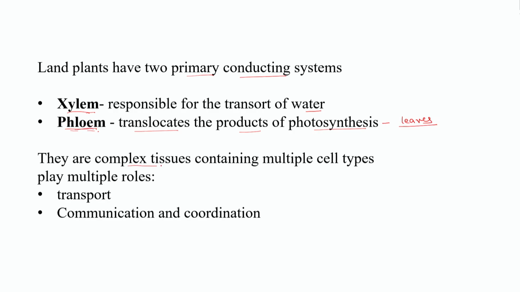They are complex tissues because they are made up of more than one cell type, and their role is definitely in transportation, and in communication also. Along with transporting the various nutrients required for making food, some other communication and coordination is also required between different parts of the plant.